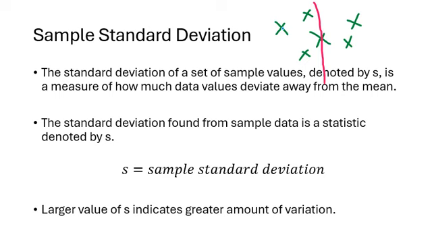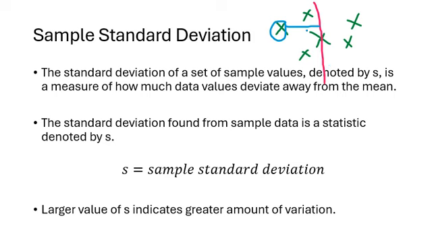If you want to understand how far away this data point is from that mean, see this distance, that deviation is called the standard deviation. So the red line is the mean, and this is the target or interested data point, and we want to know how far it is from the mean.